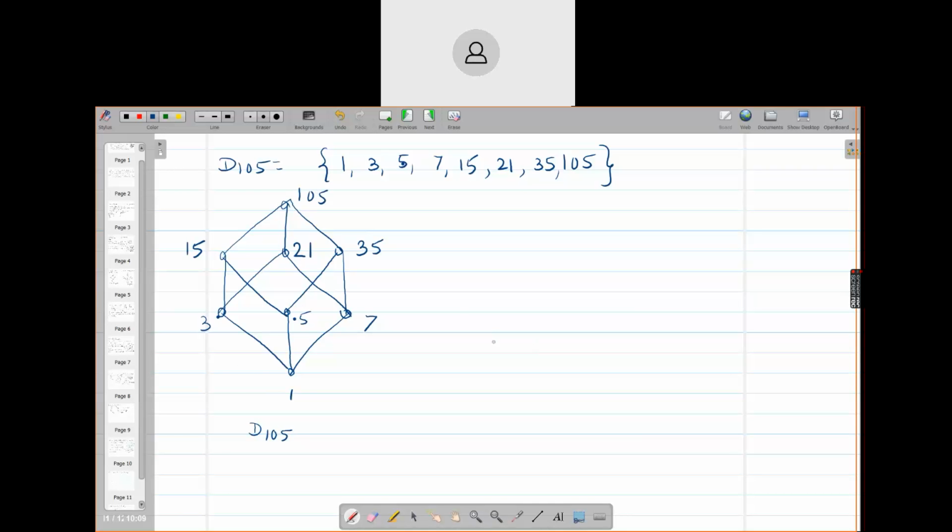Now in this we will define atoms. Okay, what are atoms in the Hasse diagram? The elements. Okay, let me just, because can we define atoms immediately? We have to define the least element here.